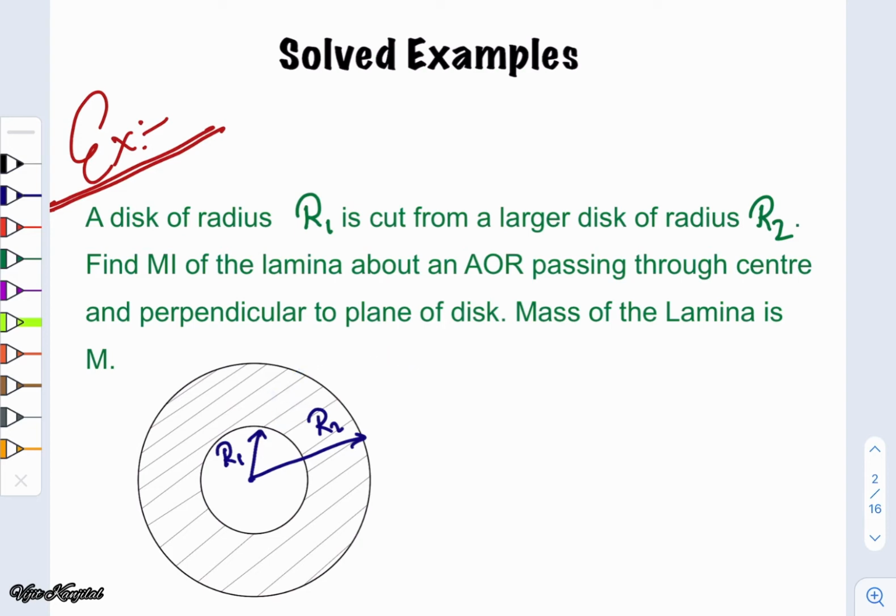Now the mass of this particular lamina, that is indicated by this shaded region, is m, and we need to find the moment of inertia of this lamina with respect to an axis which is passing through its center, and it is perpendicular to the plane of this lamina, that is the plane of this remaining shape. So the axis of rotation is perpendicular to the plane of the screen.